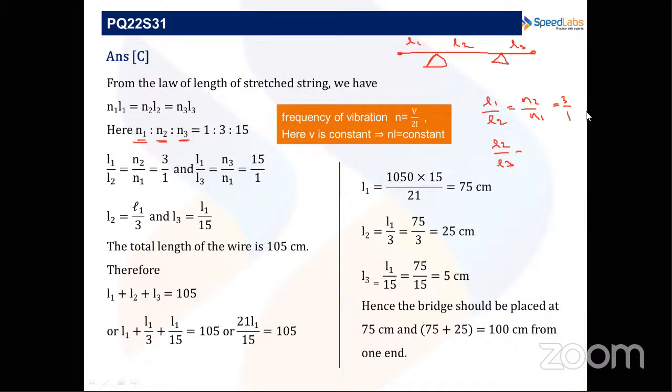Now L1 is 45 divided by the total sum of the ratios into the total length 105 centimeter, right? So you'll get your answer.